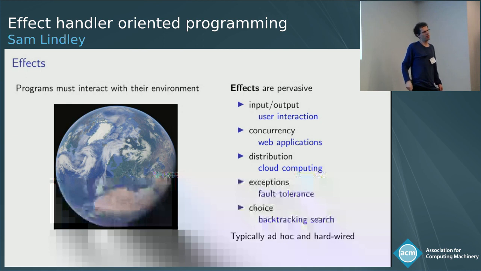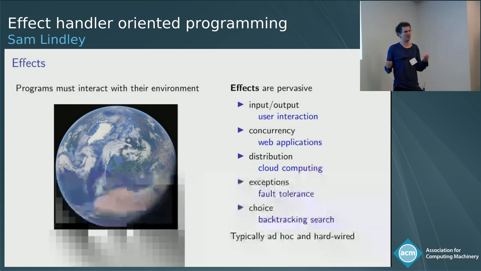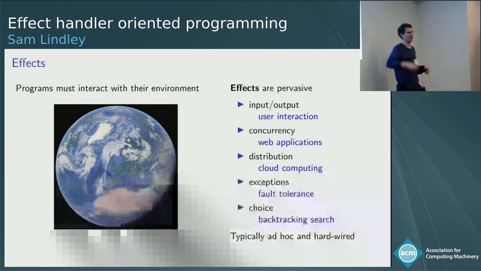However, in typical programming languages, each of these things is ad hoc and built in, and often you have similar kinds of features that just get re-implemented over and over again. So a particular case in point is JavaScript with web applications and concurrency.